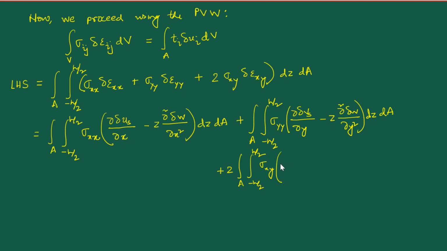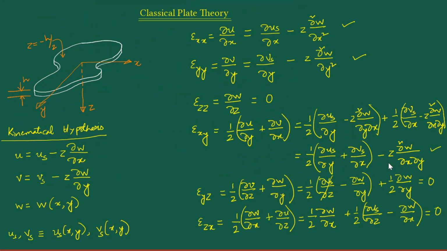So what I'm going to do here is to take the half out, and then I'll have del delta us del y plus del delta vs del x minus twice of z del square delta w del x del y. This twice is coming because you can just quickly see over here that I did not have this twice here, but here I'm taking the half common over all the terms, so that brings in the twice. Okay.